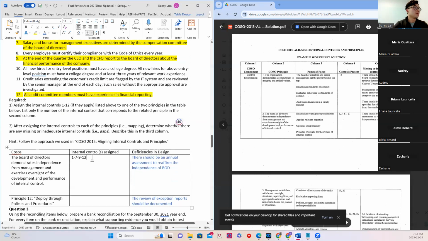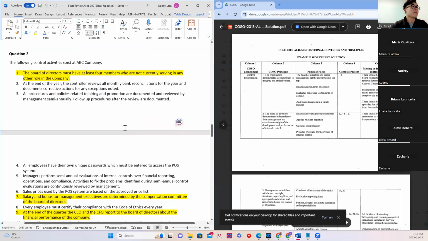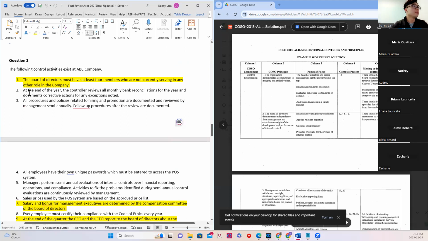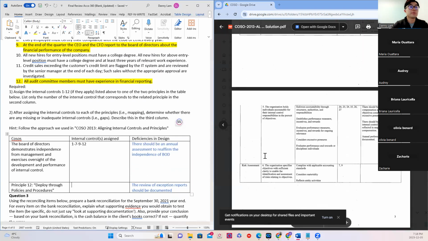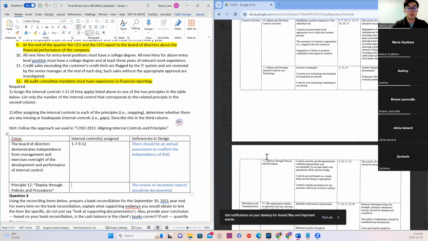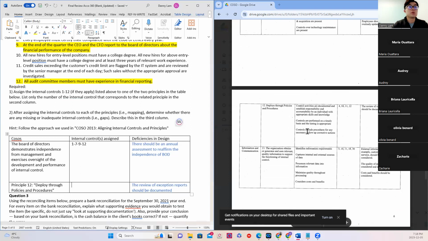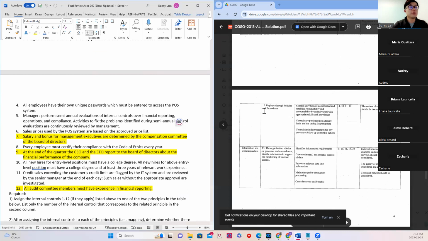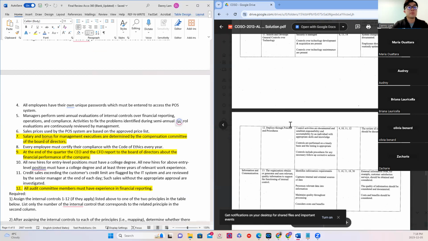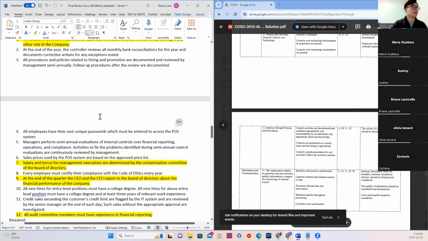Okay. So the other one is deployed through policies and procedures. So number 2, I'll just put the principle 12 here. So basically here number 12, it's like if it is a control activity or not, because these are very policies and procedures.